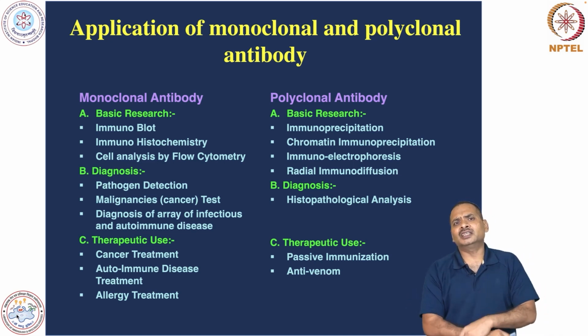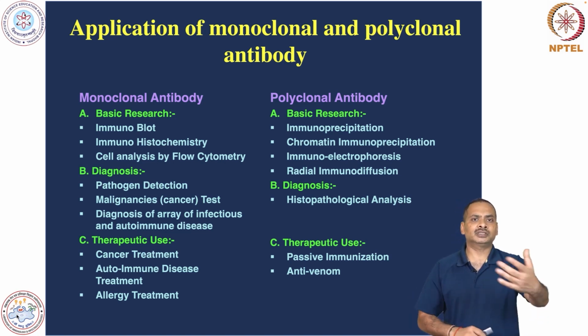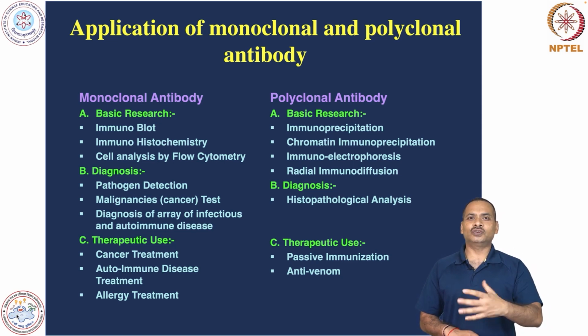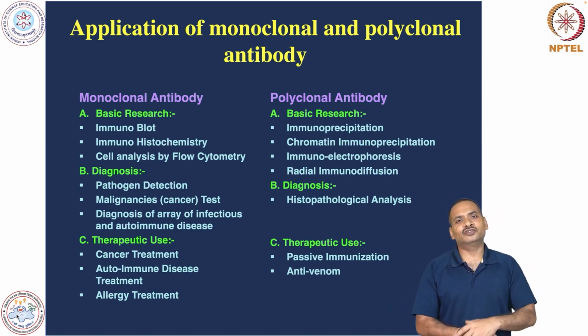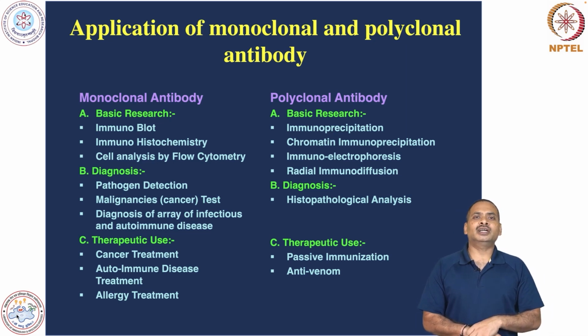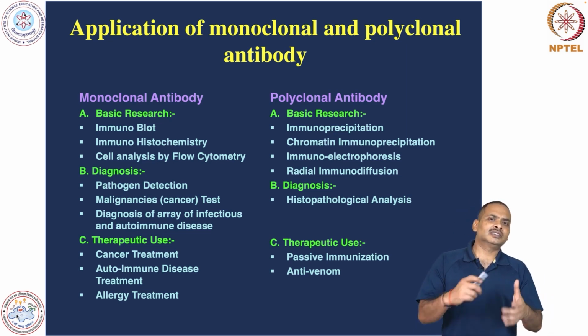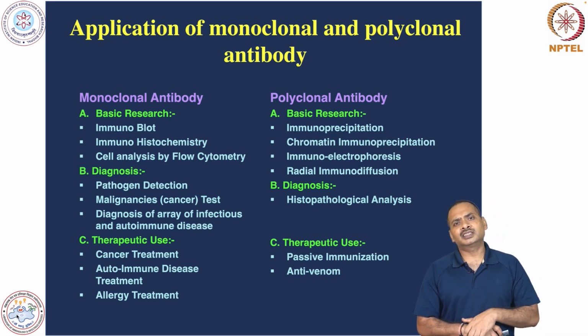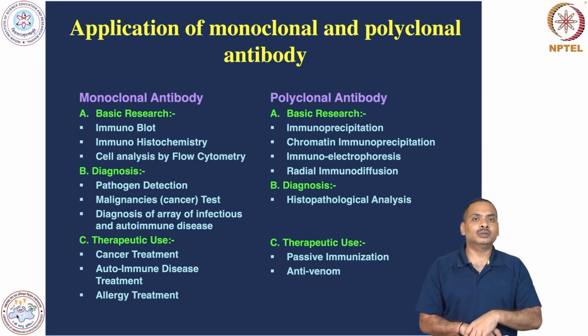But there are some challenges with monoclonal antibody derived from mouse, because this mouse antibody is foreign to humans, and that causes an array of problems. So now there is a humanized antibody, which has reduced the problem to a larger extent, but there is still a problem.